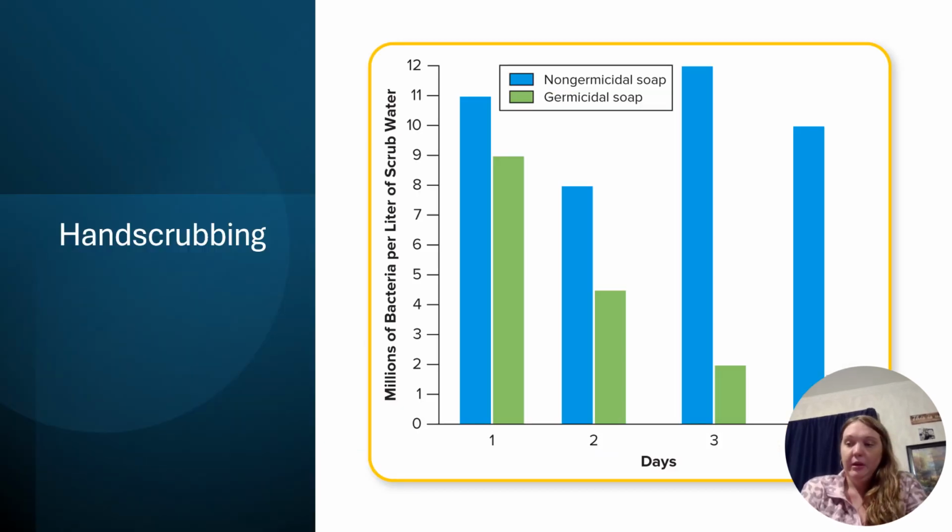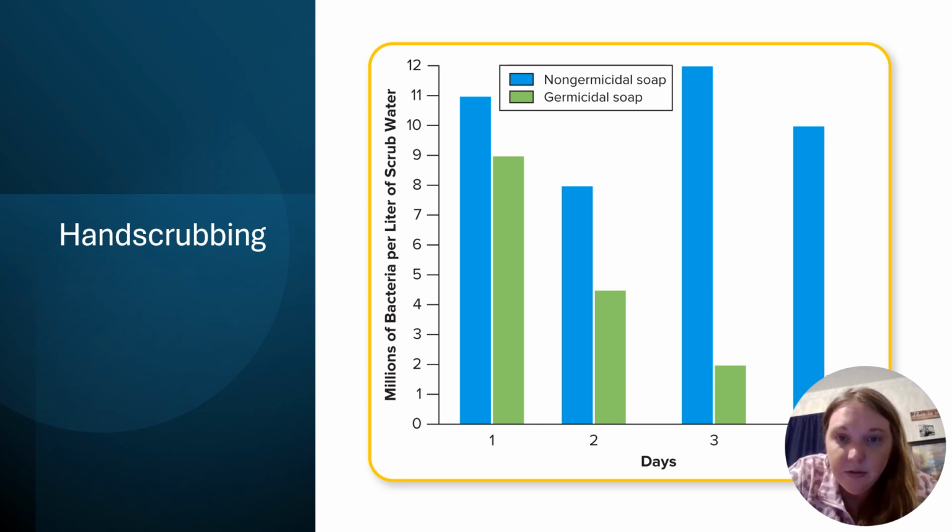Pretty much on this is the hand scrubbing. A lot of times people that don't scrub their hands have a lot of bacteria on them, which is broken down in non-germicidal soap and germicidal soap within a couple of days.